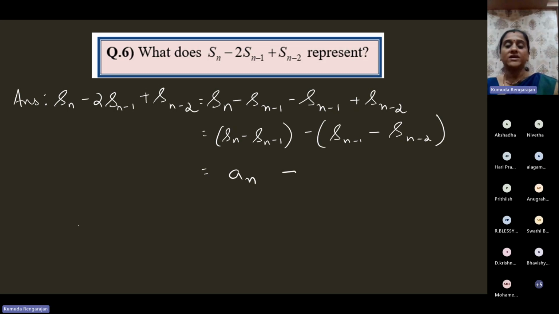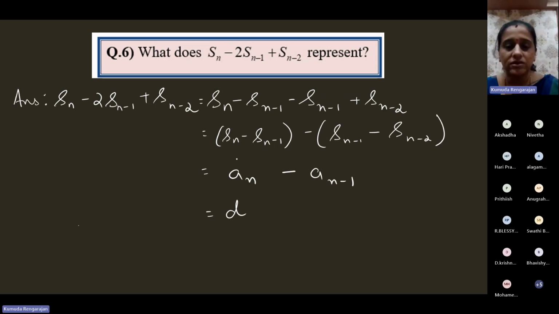And Sn minus 1 minus Sn minus 2 is An minus 1. And An minus An minus 1 is d. That's it. So it represents the common difference of the AP.